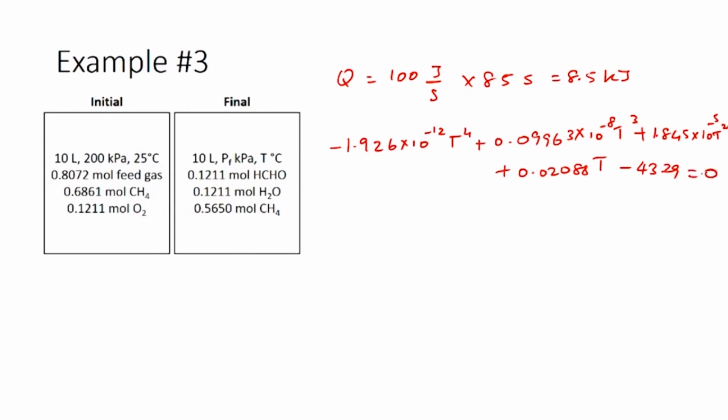Q has also been accounted for in this equation, and by solving this polynomial we get a temperature of 1091 degrees Celsius.